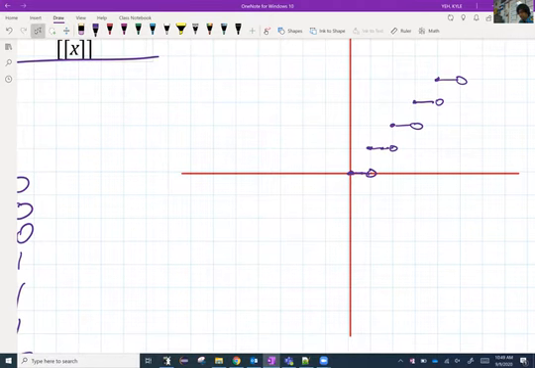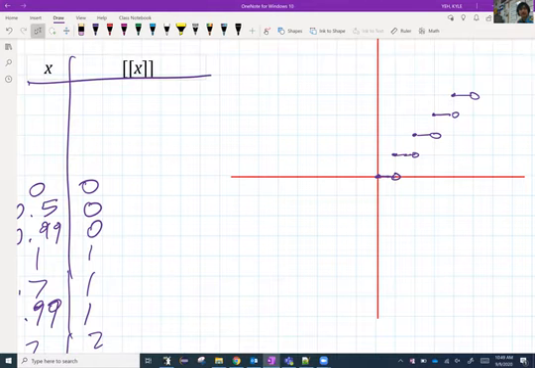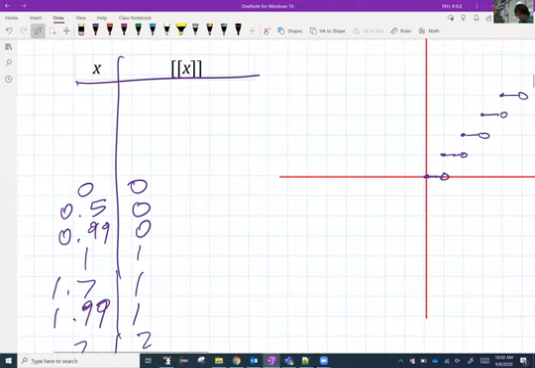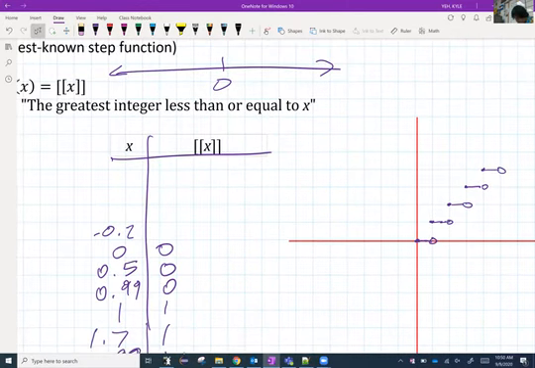Now, I like to always start in the positive x direction, and I highly recommend you do the same, because here's where it gets a little tricky. Negative 0.2. Here's my number line. Here's negative 1. So negative 0.2 I'm looking at is about right here. What is the greatest integer that is less than or equal to that dot that we've gotten to? We haven't gotten to 0 yet.